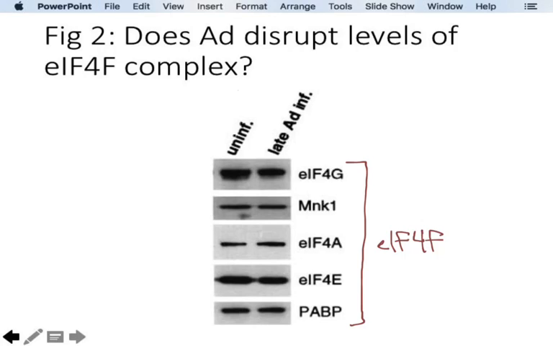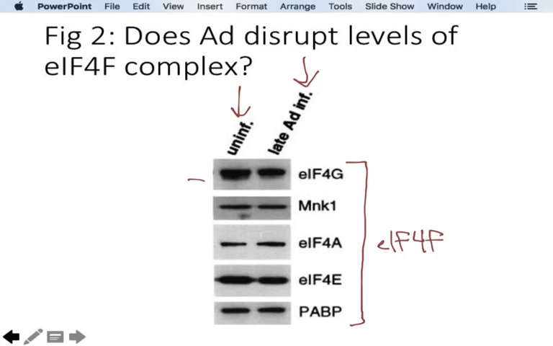So we've got two conditions, uninfected and an adenovirus late infection, which I think they're describing as like 36 hours or so. They infect the cells with adenovirus or not, harvest the cells, lyse them to get the protein, and then they denature the protein so that it becomes linearized and they can run it out.